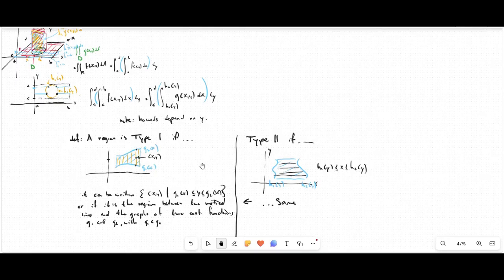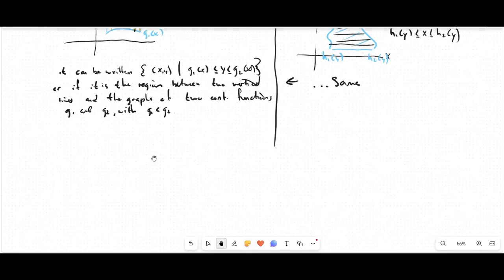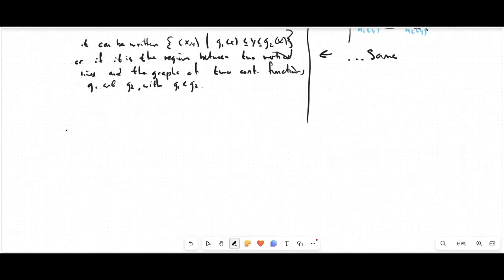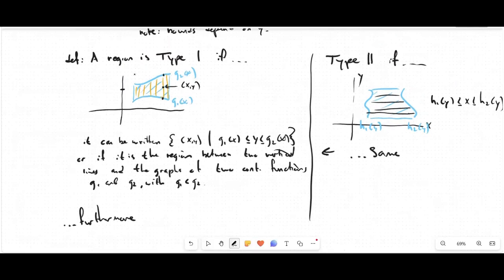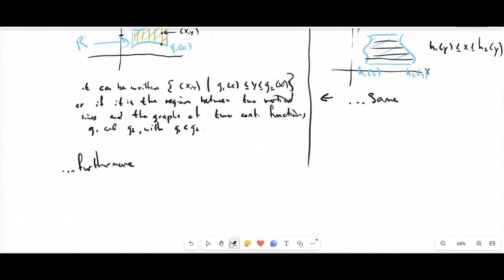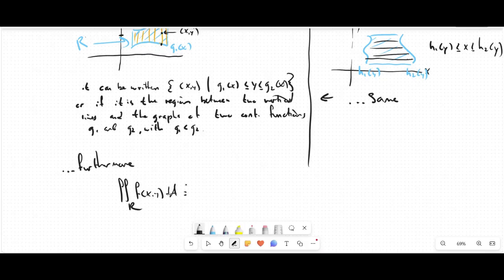And if you have these two, then furthermore, if this region here is R, then the double integral of a function f over R can be written this way.